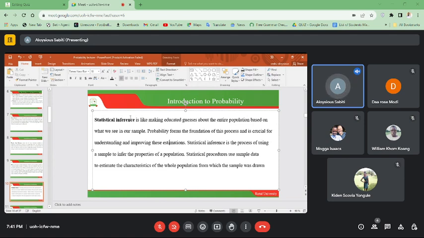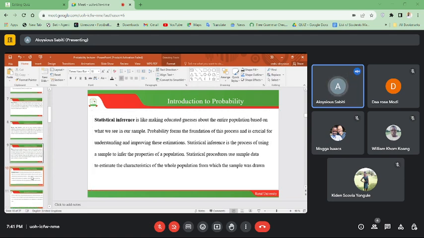Statistical procedures use sample data to estimate the characteristics of the whole population from which the sample was drawn. You can have a sampling, and then from that sampling, you're able to make conclusions on a wider population.